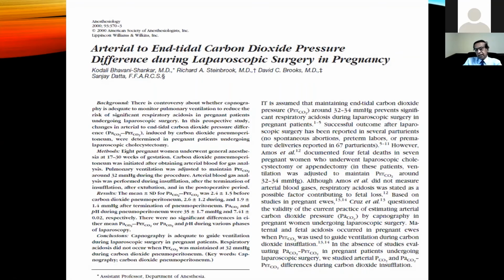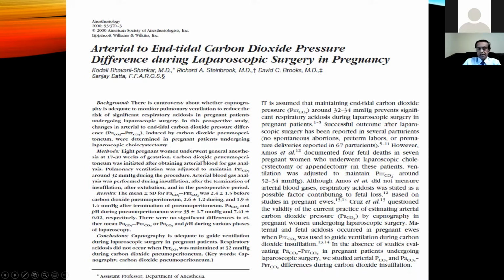Now, another landmark observation was the arterial to end tidal CO2 difference during laparoscopic surgery in pregnancy. As we all know, we do many cases of laparoscopic surgery, particularly cholecystectomy, during pregnancy, and we are insufflating CO2 into the abdomen.